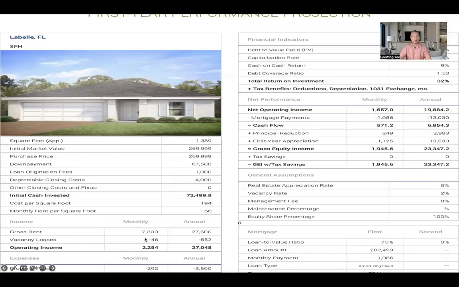Anyway, based on the $2,300 monthly gross rent, I'll give you this scenario. What we call a pro forma is a long-term rental situation, and you can pay a property manager to manage your property. So you can pay an 8% property management fee, 8% against your gross rent on a monthly basis.